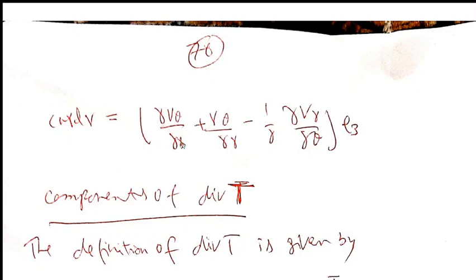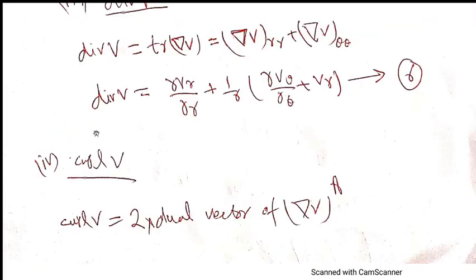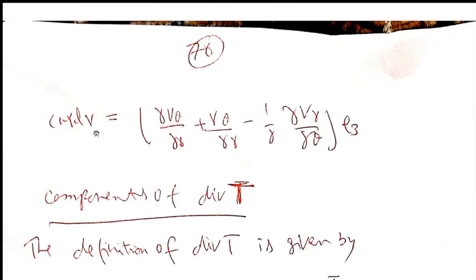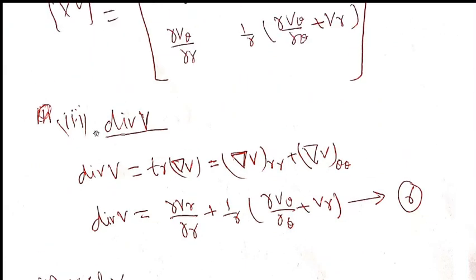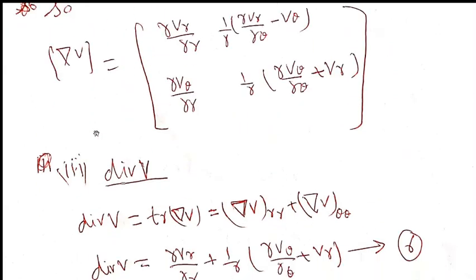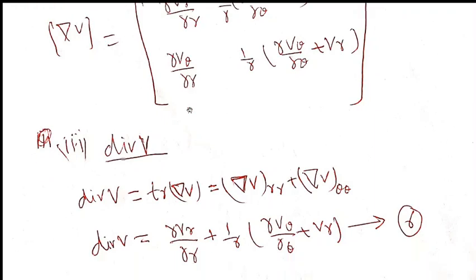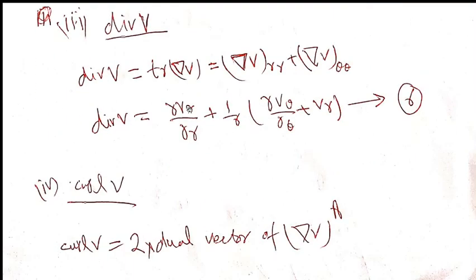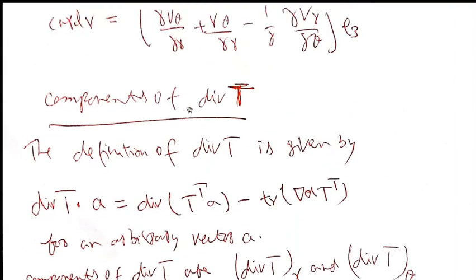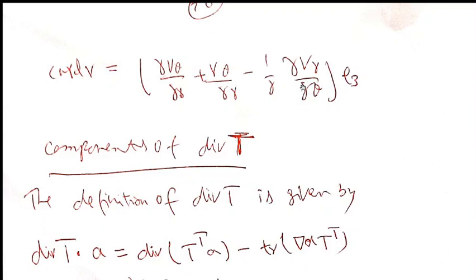We have only one component for the curl of vector V. Simply we have this T21 into E3.